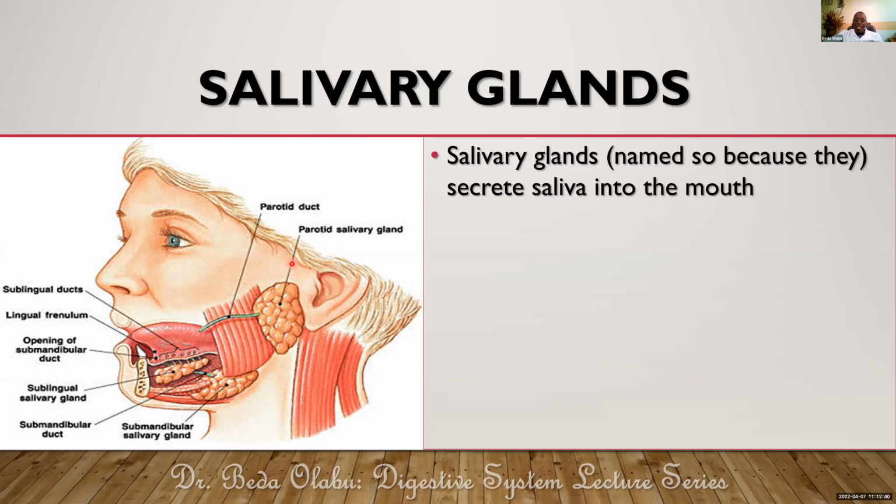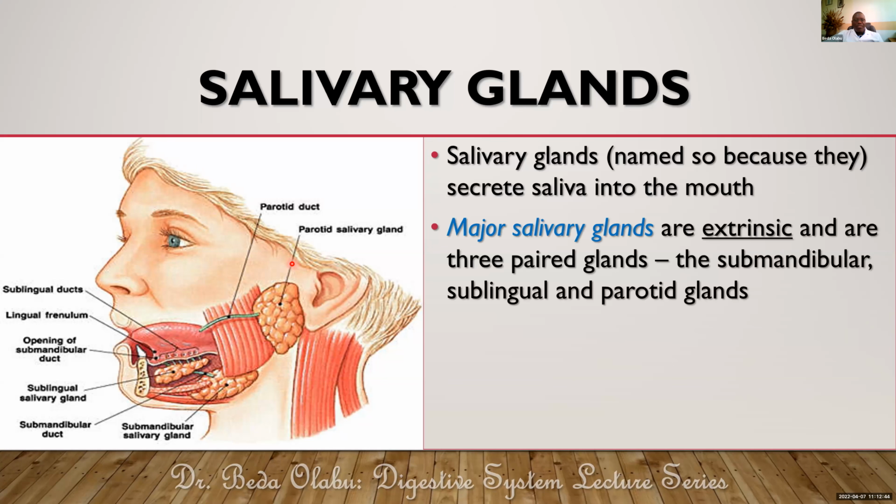The saliva is usually released into the oral cavity. There are two categories of salivary glands. The ones which fit today's class are the major salivary glands. The major salivary glands are the ones which are extrinsic, to mean they're not incorporated within the wall of the mouth.